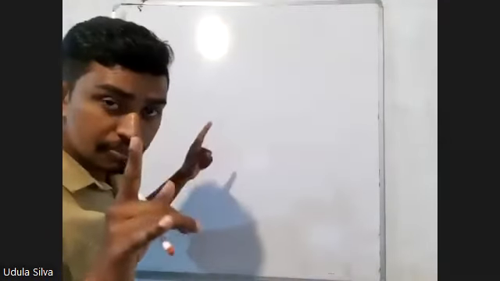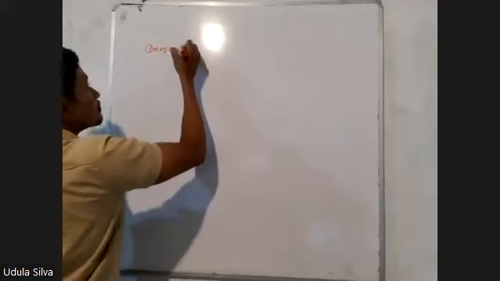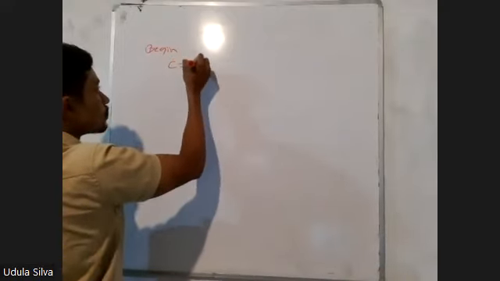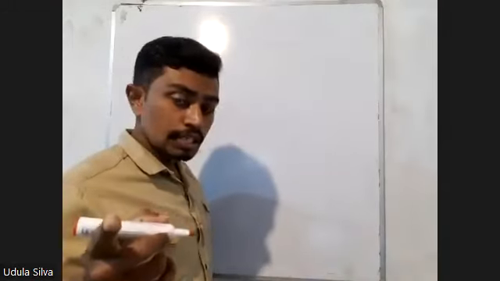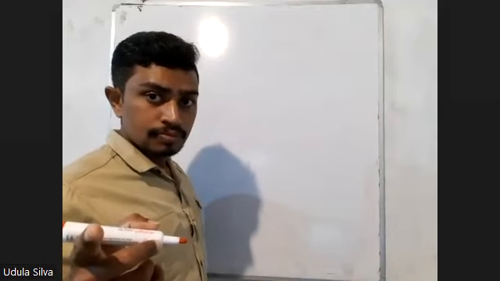We are inputting 10 numbers, right? Begin. C equals 1. We are repeating from the yes side or the no side? From the yes side.